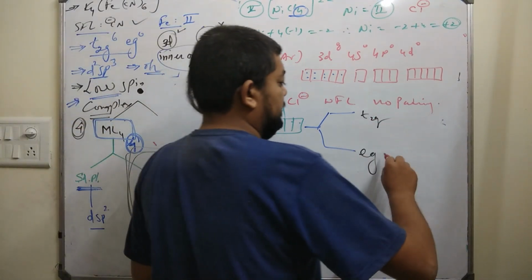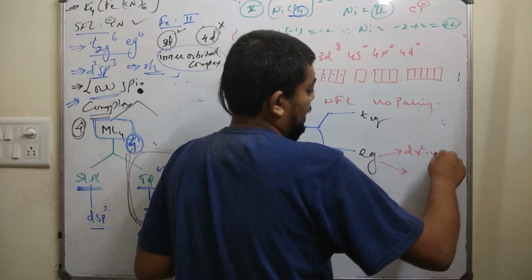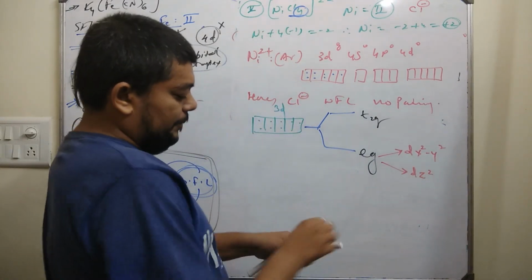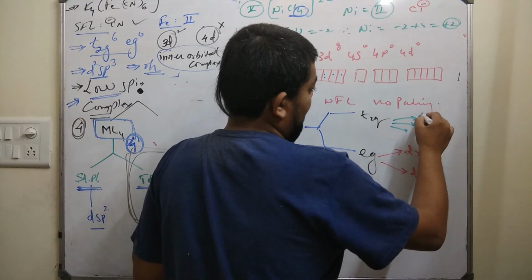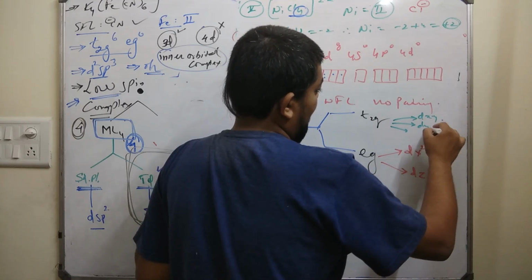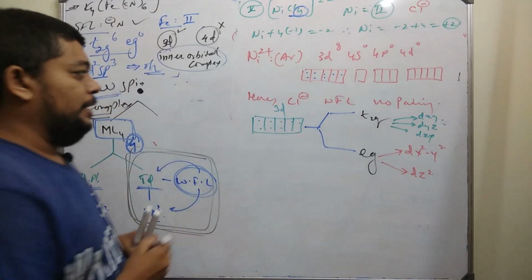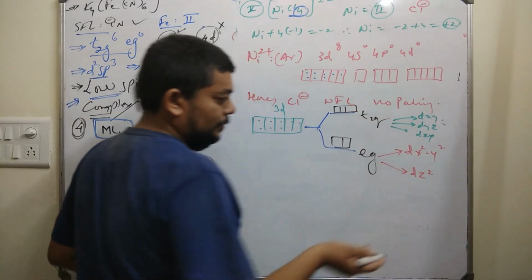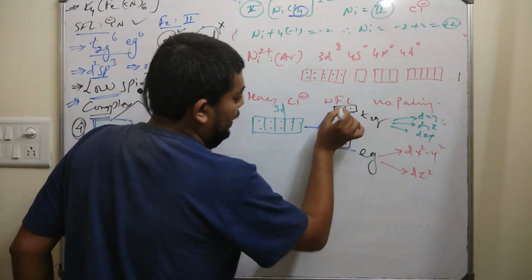And eg represents two orbitals, dx2-y2 and dz2, and t2g represents three orbitals, and they are dxy, dyz, dzx. Now, therefore I'll mention 2 orbitals over here and 3 orbitals over here. 8 electrons: 1, 2, 3, 4, 5, 6, 7, 8.